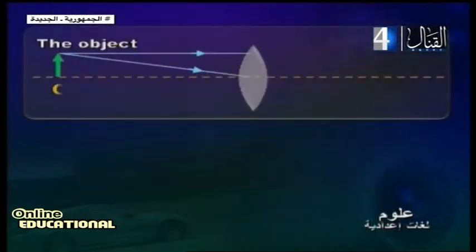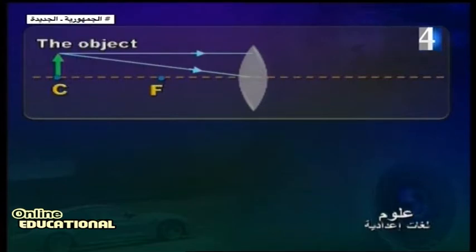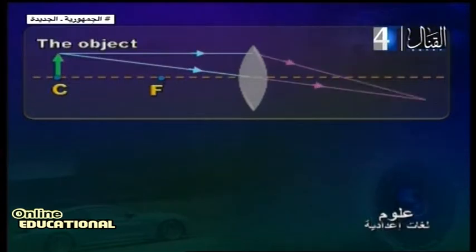Next case, we will put the object at the center of curvature, and now we want to draw the image. Of course, you knew that we will draw two light rays. Why? To get an intersection and form the image. So, a light ray that falls parallel refracts through the focus, and a light ray that falls on the optical center passes without refraction.